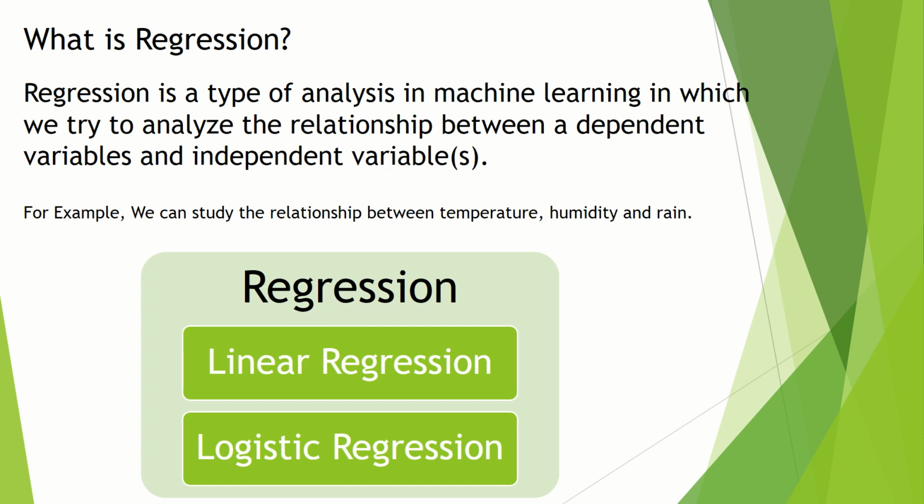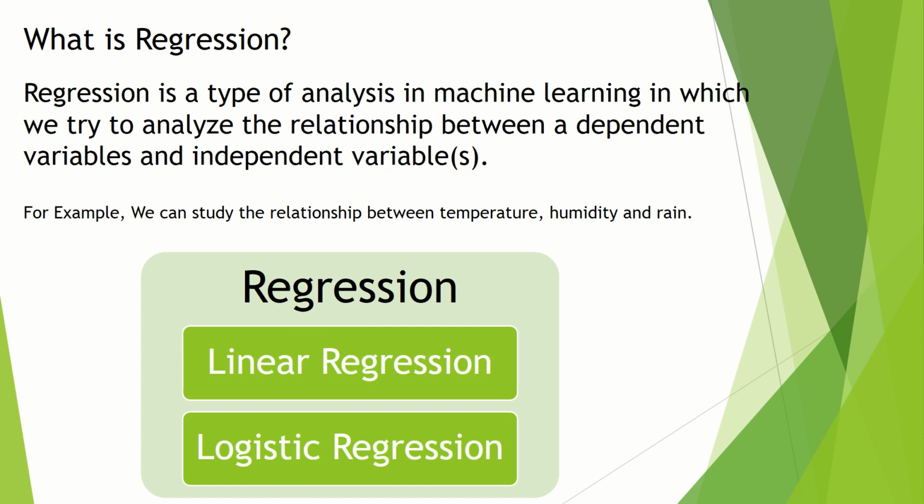For example, if I want to predict whether or not tomorrow it will rain, then rain here becomes the dependent variable because it could be dependent on some factors like temperature, humidity, wind speed, etc. So there could be one dependent variable and many independent variables, and we are doing a study of the relationship between these variables. So this is all about regression.